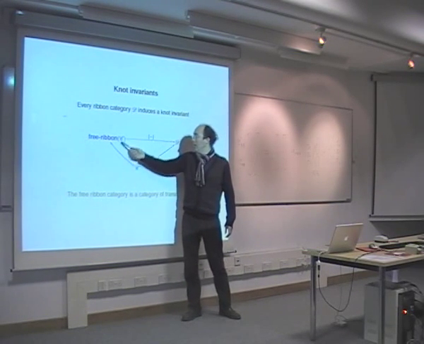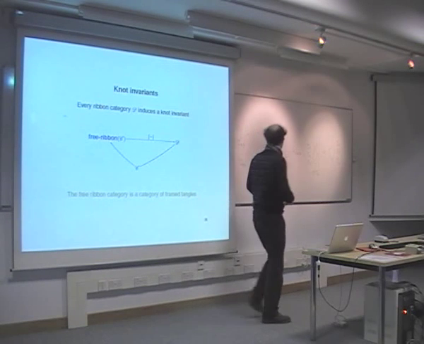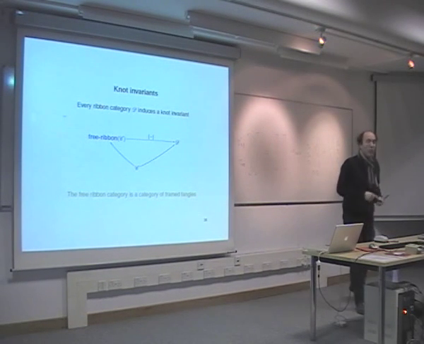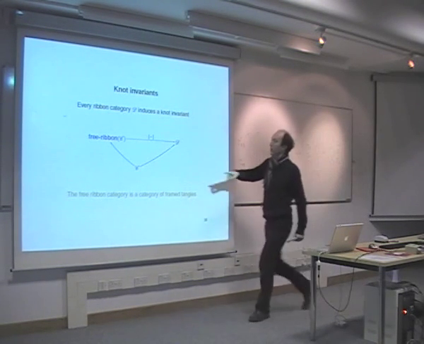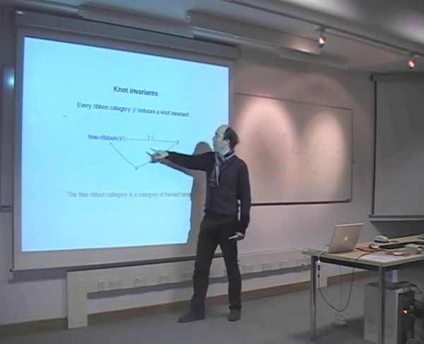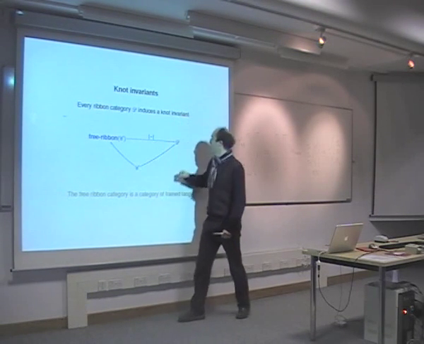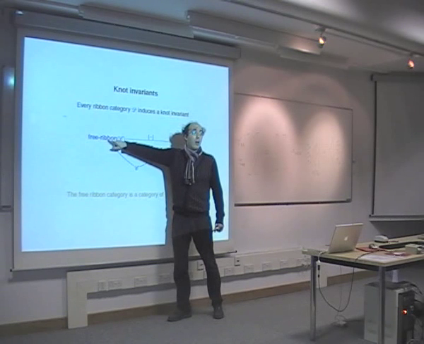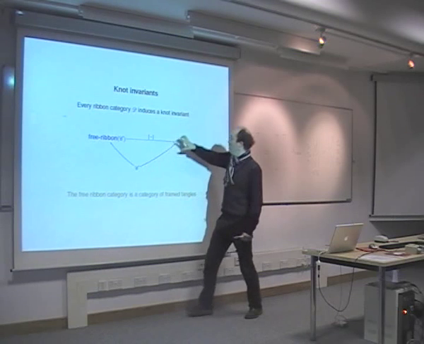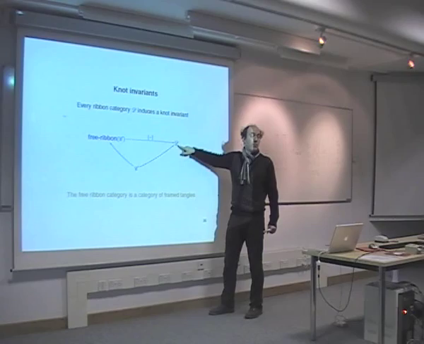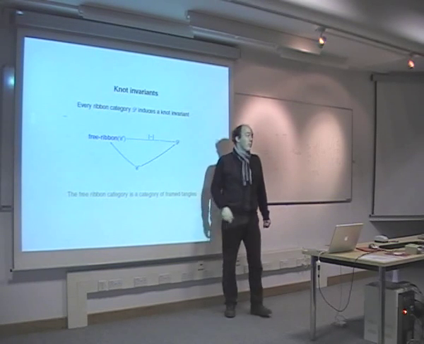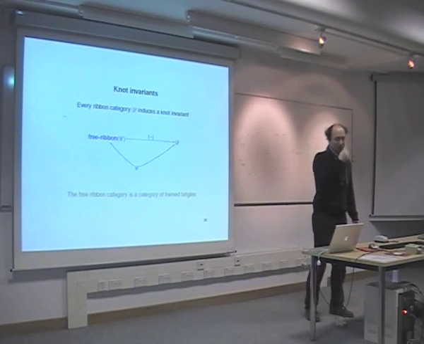So in particular, if you consider the maps from the empty world to the empty world, they are exactly knots, okay? Ribbon knots. So this functor will transport every equivalence class of knots up to deformation to a morphism from the unit to the unit, and this morphism is an invariant of the knot.